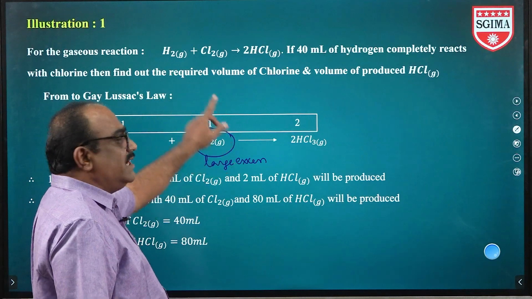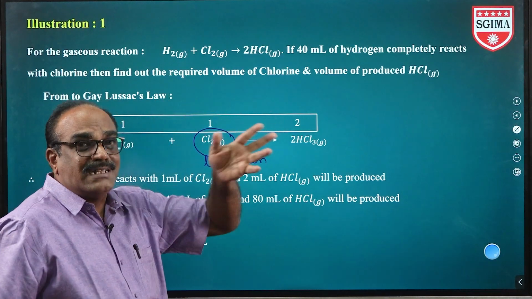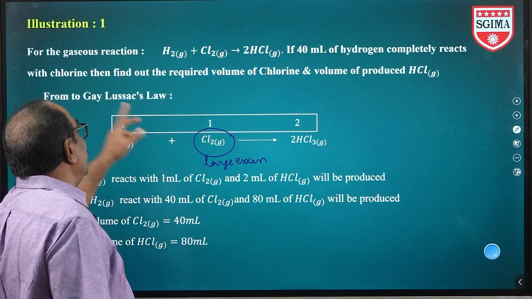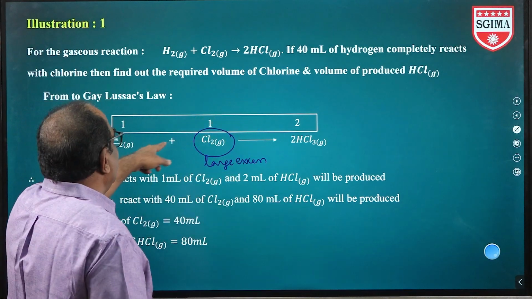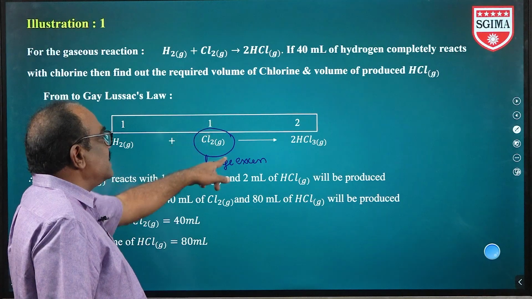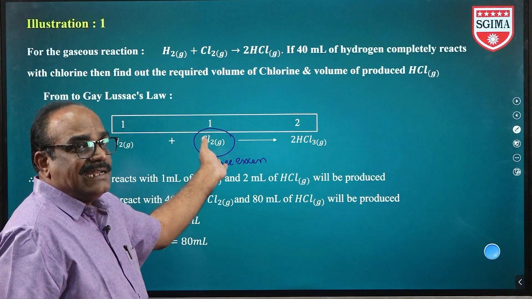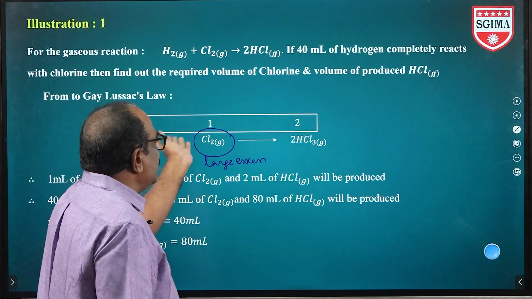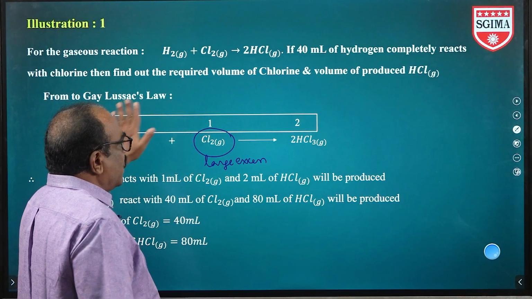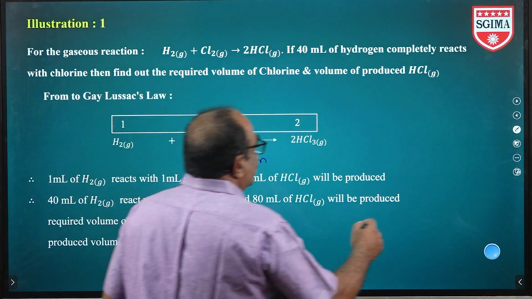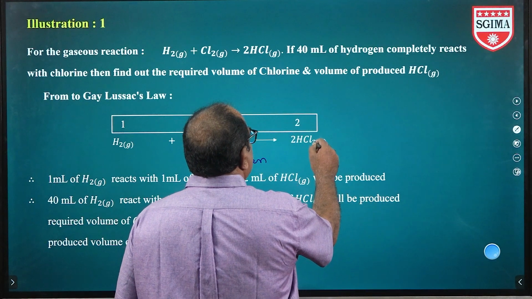So, this is in a larger quantity that he did not mention. We need to understand the content while reading the question. Hydrogen completely reacted means that will be possible only when the chlorine quantity is exactly or greater than the quantity that is required. So, this is in large excess, so that all hydrogen can be converted into HCl.